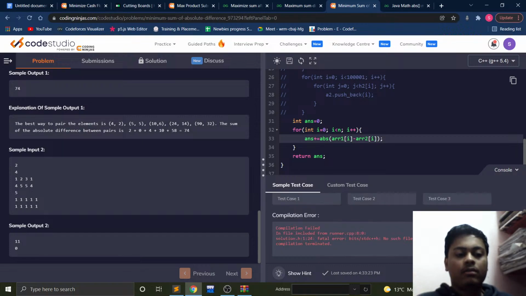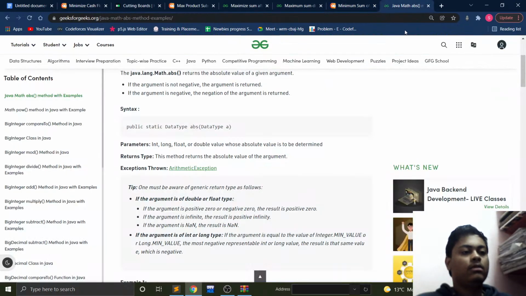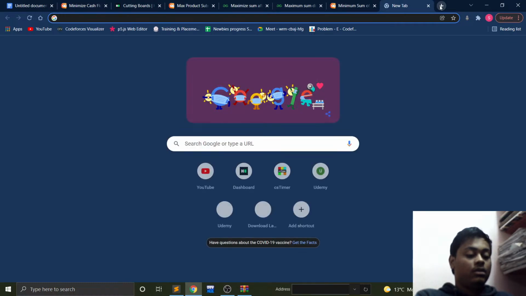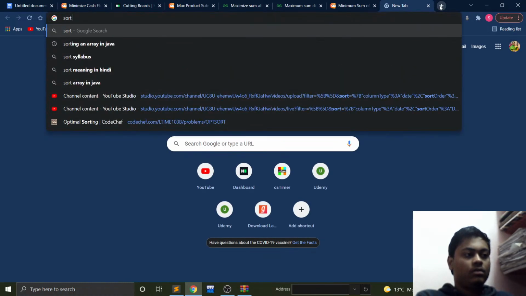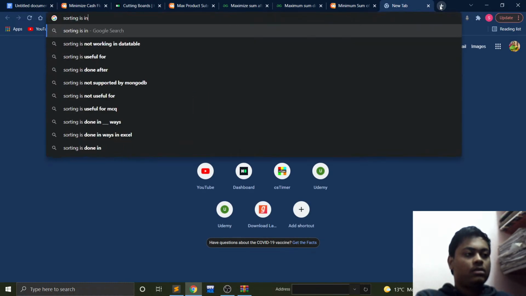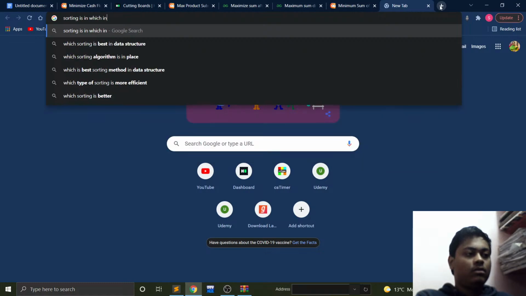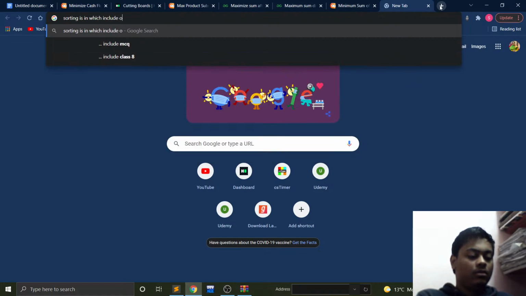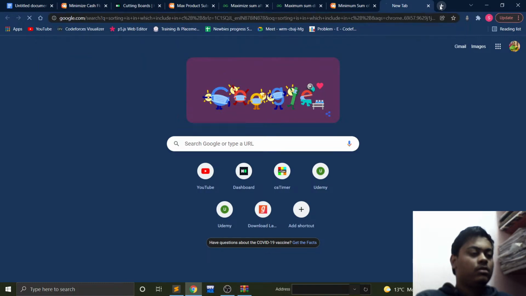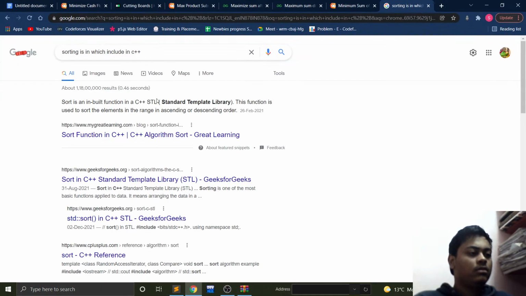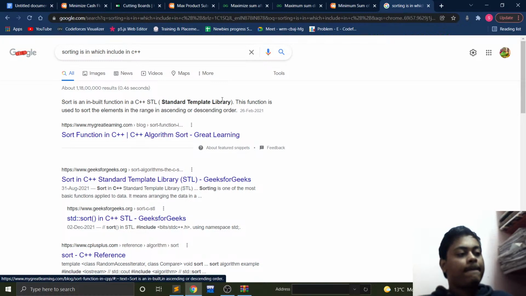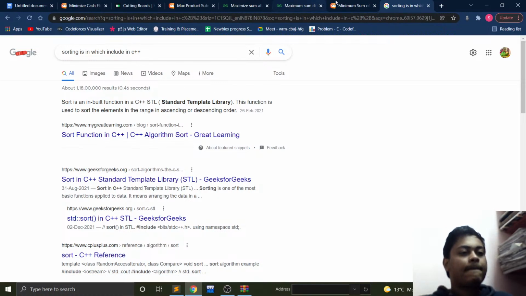Fatal error, it is not a library. Sorting is in which include in C++? Sort is an inbuilt function in C++. This is sort.